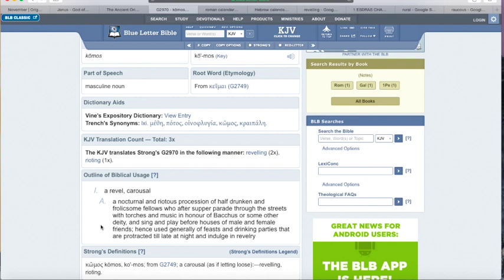Okay, and sing and play before houses of male and female friends, hence used generally of feasts and drinking parties that are protracted till late at night and indulge in revelry. And it comes from the word reveling. All right, which another scripture is going to bring out.